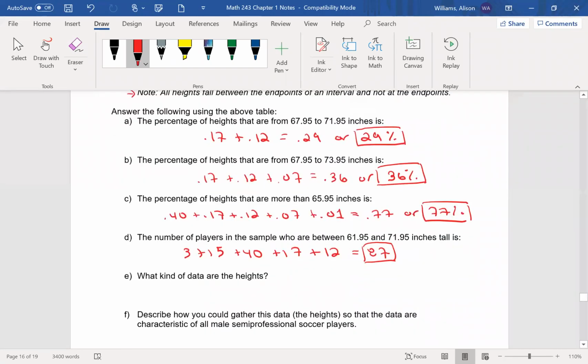Okay. What kind of data are the heights? So this data would be considered quantitative continuous, that's one classification.